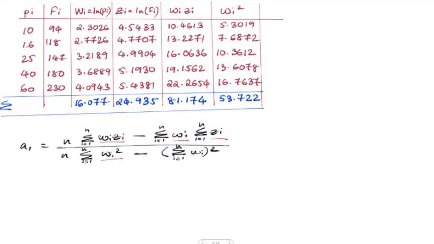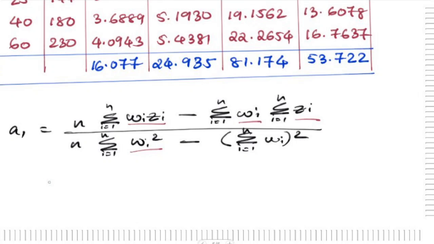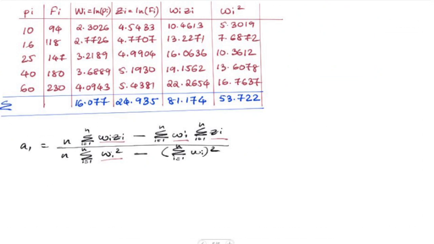So now we will replace these values here. First, we need to know what our n is. So how many points do we have here? 1, 2, 3, 4, 5. So n is equal to 5 here.